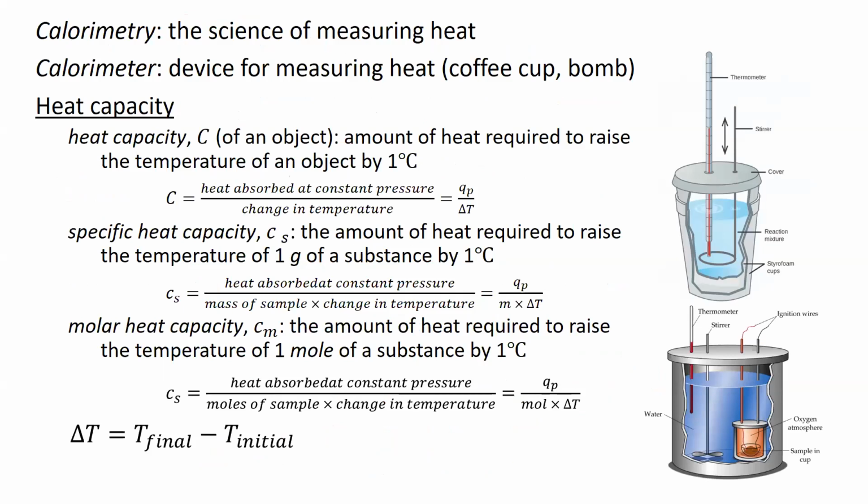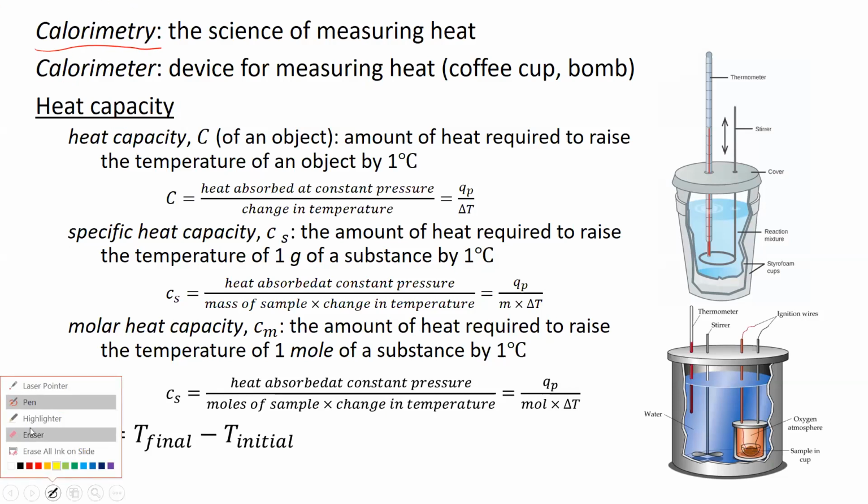Okay, so the next part of this particular chapter is looking at calorimetry. We would have had a lab in calorimetry where we actually measured heat using what's called a calorimeter. There are a couple different types, and some of our reactions are going to be based on calorimetry work.